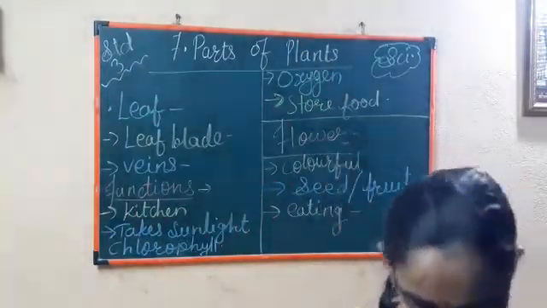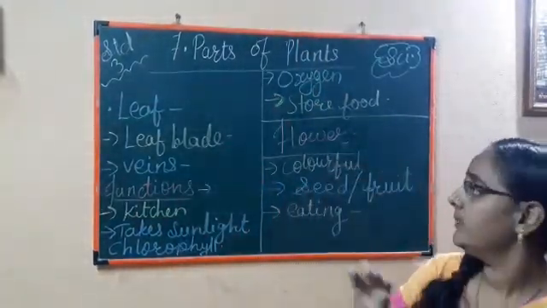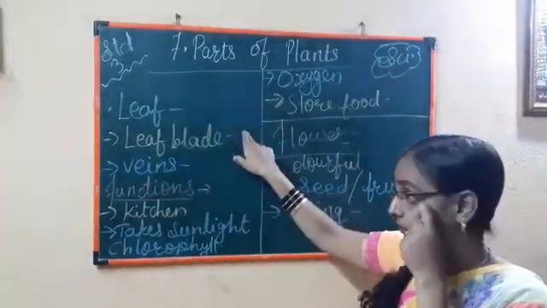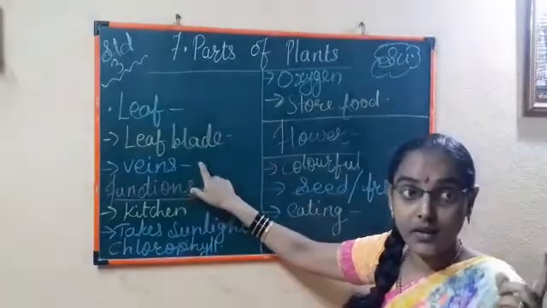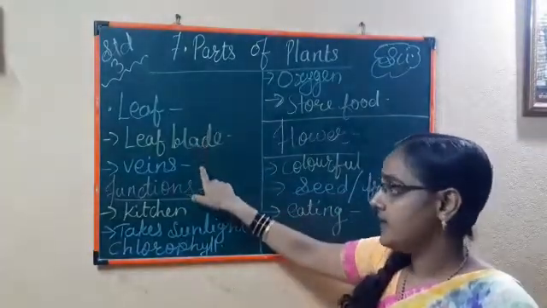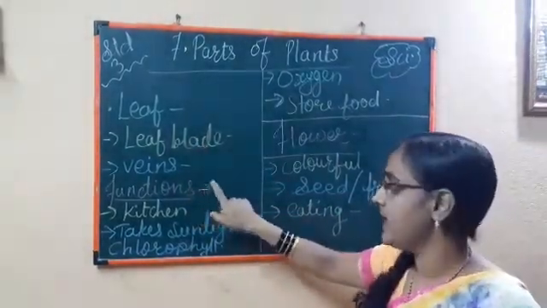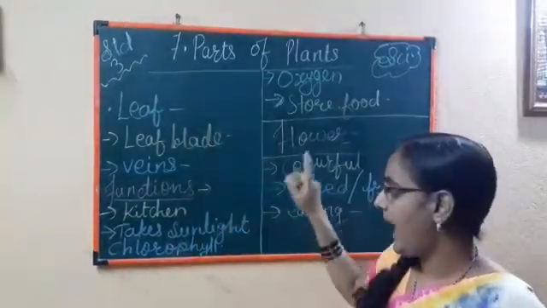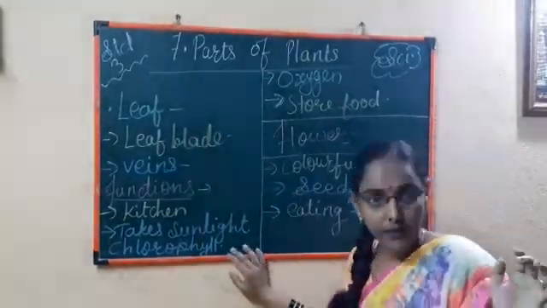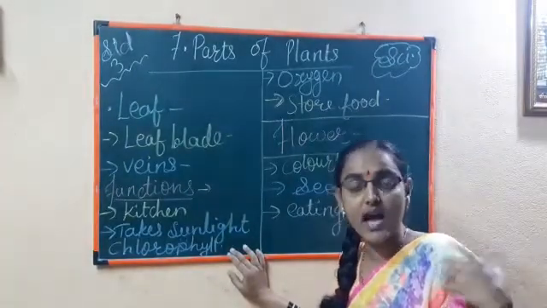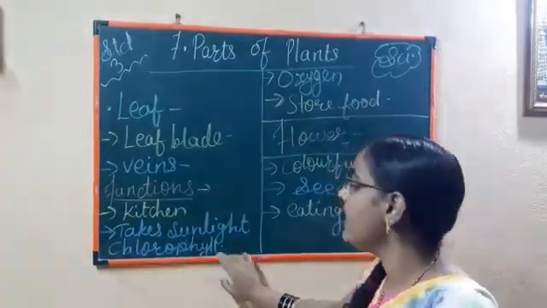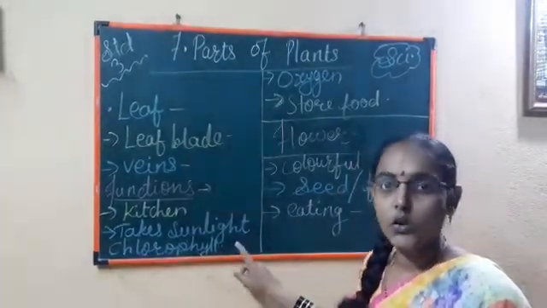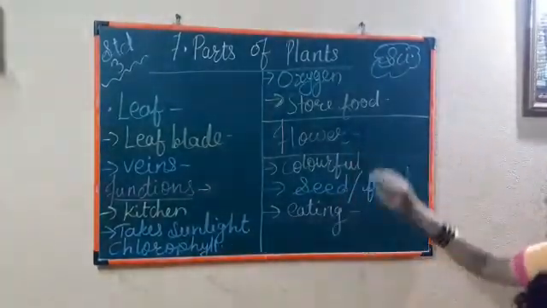So today we have learnt about the leaf blade. The flat surface of the leaf is called leaf blade. Veins, the running lines across the leaf, are called veins. The functions of the leaves: leaves are called the kitchen of the plant, and they take the sunlight because they have chlorophyll in them.